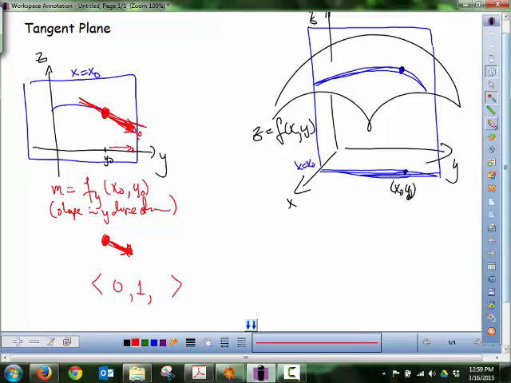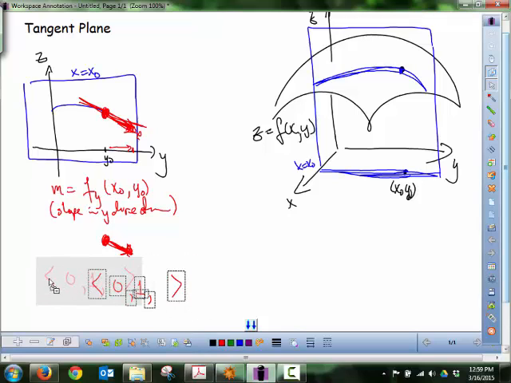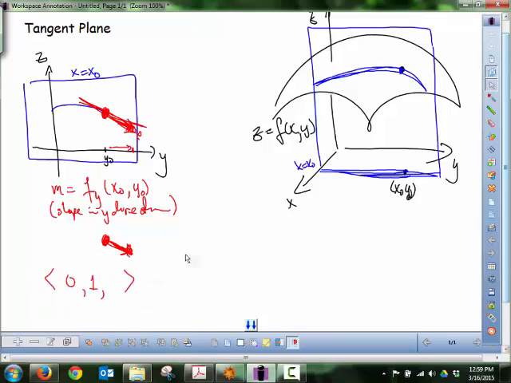Then how can you tell its movement in the z direction? Close. F of 0, no, not close, sorry. Good guess.